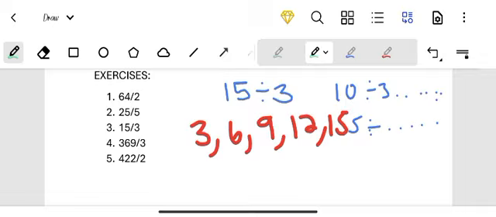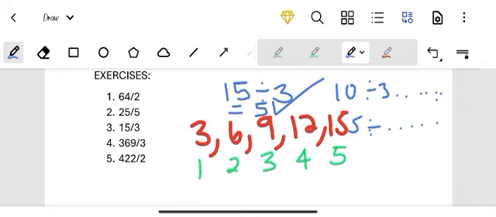Okay, now we count. We have 1, 2, 3, 4, and 5. So this means that 15 divided by 3 is equal to 5. And you are done with that. I hope this is making sense. So if you are working out a division and you see that it is going to give you 0 point something, just count. 3, 6, 9, 12, 15. It means that 15 divided by 3 is equal to 5.